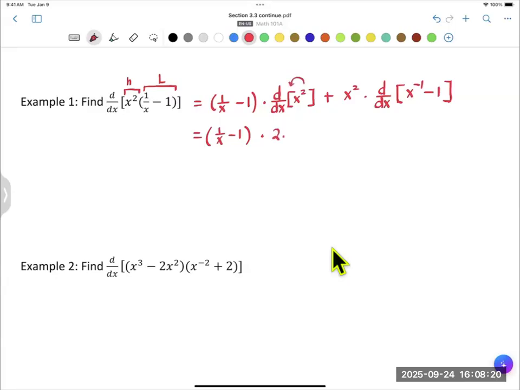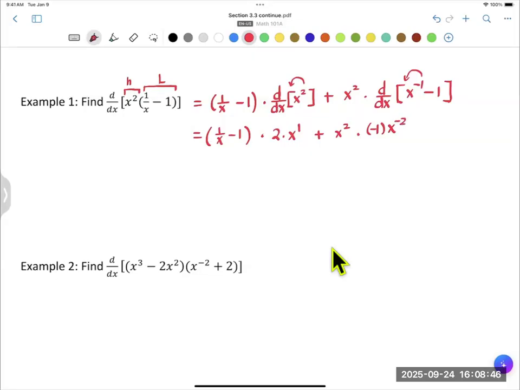We have 2 times x to the power 2 minus 1, which is 1. And then plus x squared stays the same times the derivative of x to the power negative 1. We do negative 1 times x to the power negative 1 minus 1, which is negative 2.